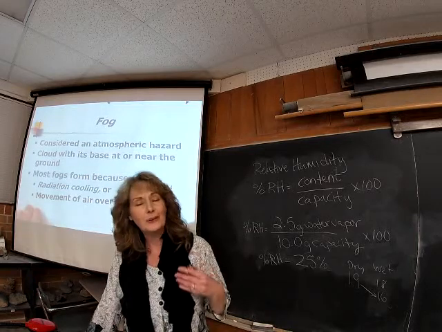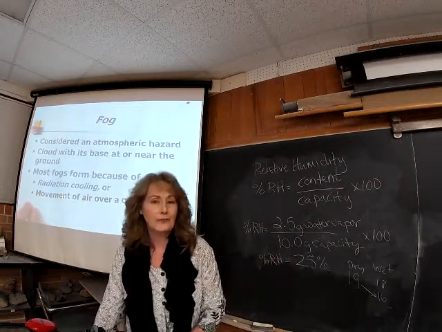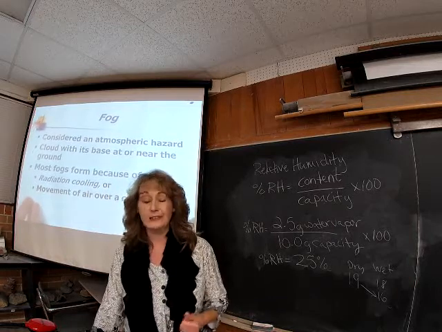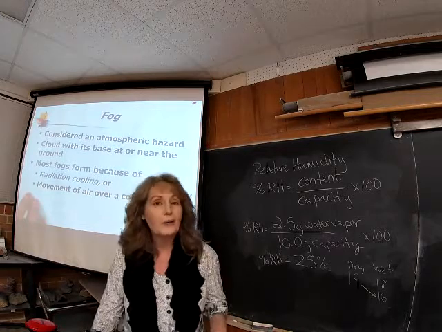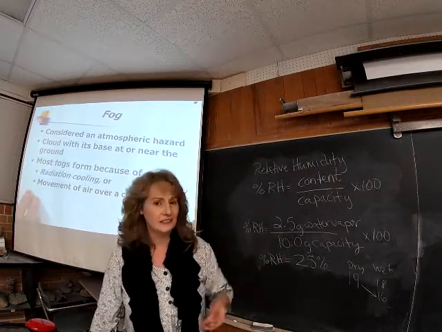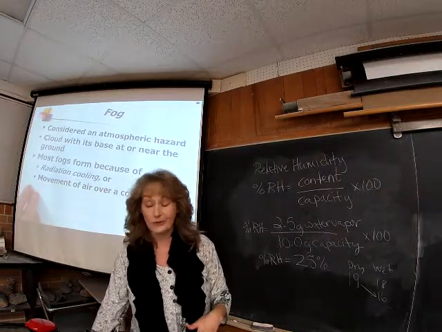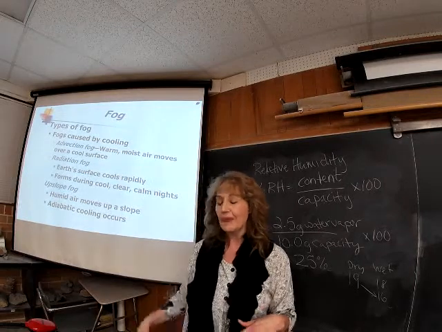So then we can get movement of air, advection of air, warm air in over that cold surface, and that can create enough cooling of the air that we do reach saturation, 100% humidity. And condensation can start right near the ground surface. And so that's where the fog is coming from.